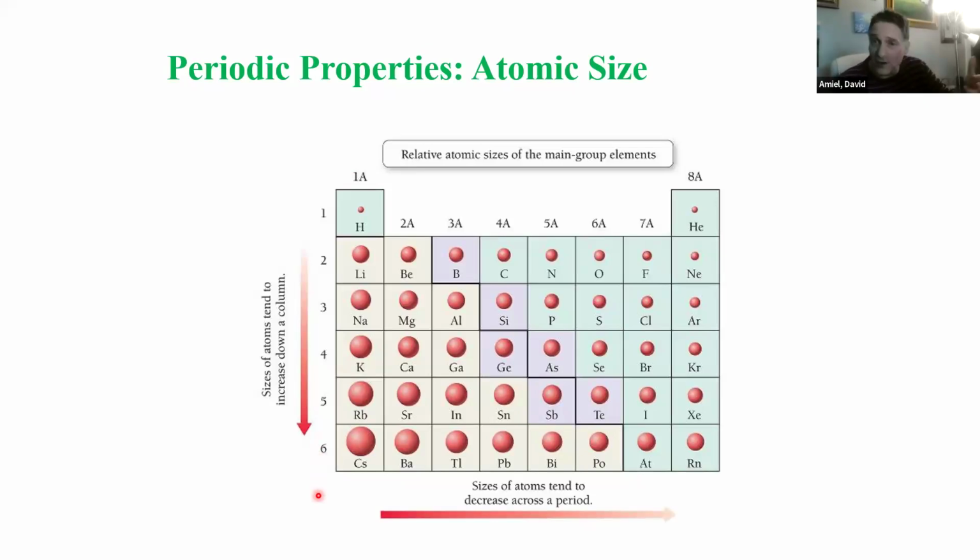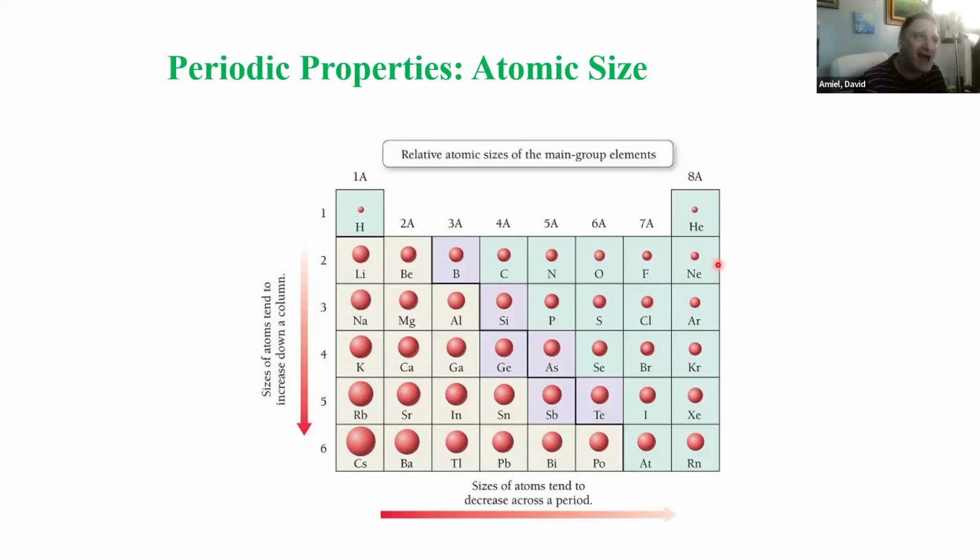As n gets bigger, the atomic size gets bigger, and we see here the largest atom on the periodic table is cesium. So the trend is that size increases going down a group, but decreases going across a period.